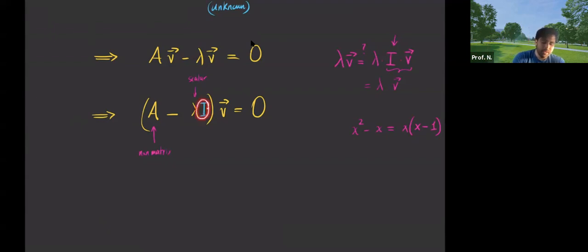Because now this becomes a what? An n by n matrix multiplied by a scalar. That's good. The identity matrix is a diagonal matrix where the entries along the diagonal are all ones and zeros everywhere else. You guys see where I'm going with this? So when you multiply by the scalar, the diagonal entries of the identity matrix now have lambda in them.